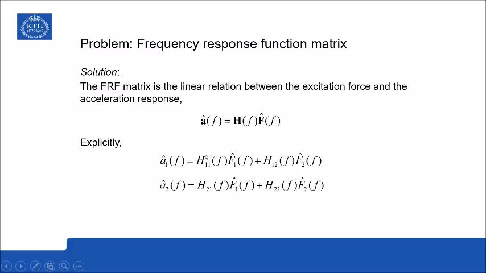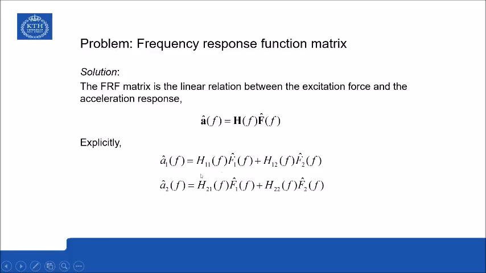So if we, for instance, want to determine the frequency response function matrix element 1,1, then we have to set the force F2 equal to 0, so that this contribution disappears. And then the H11 is simply the ratio of the acceleration in point 1 to the force in point 1.